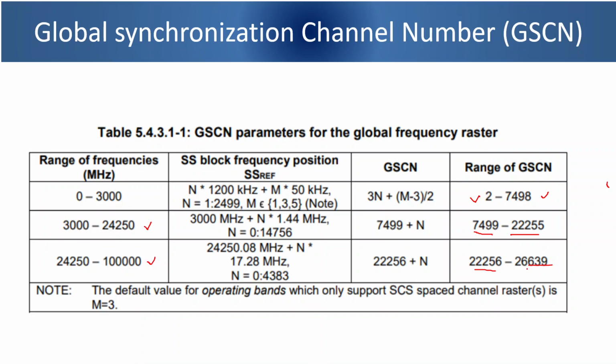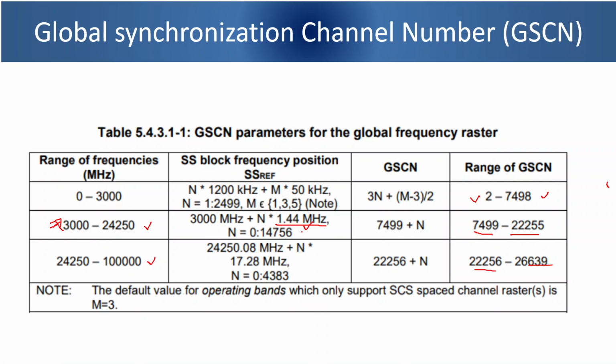So here if you see what is the size of the raster, let me take the second and third one, that is this frequency range. So here the step size is 1.44 megahertz. Just see this, it is 1.44 megahertz.